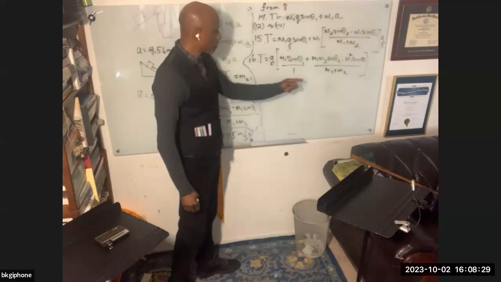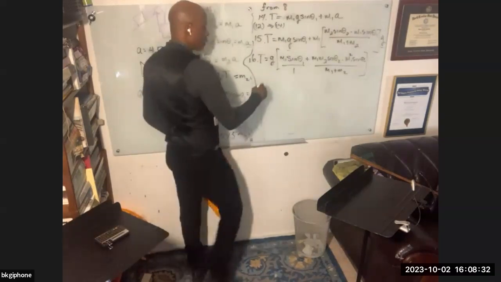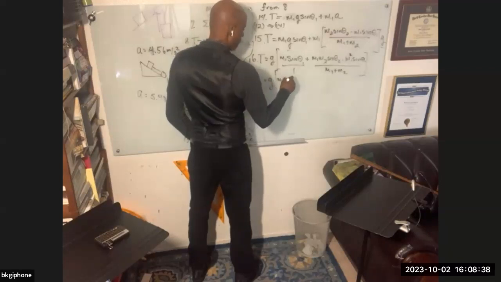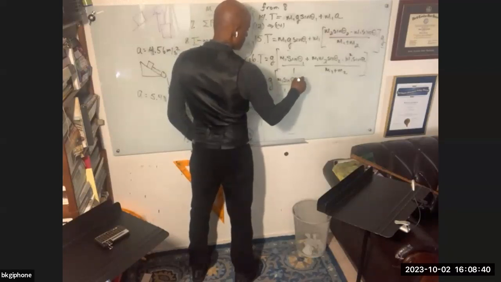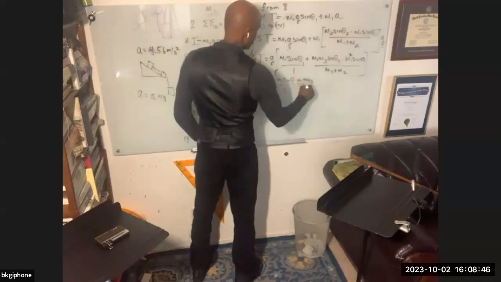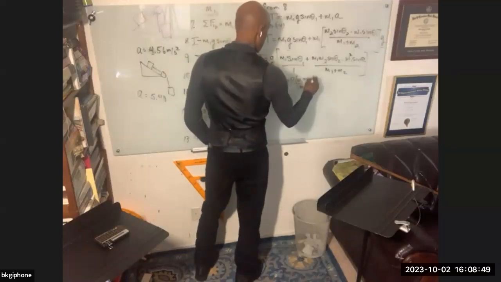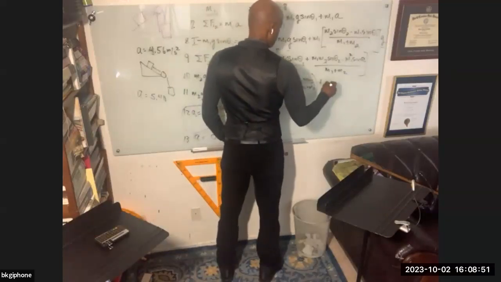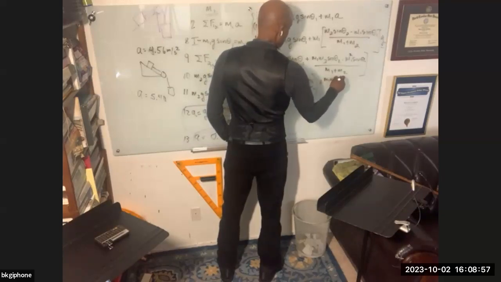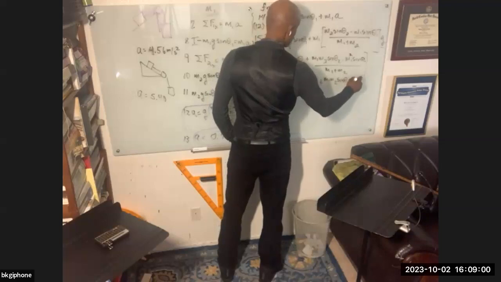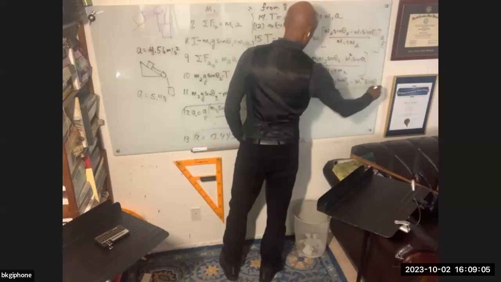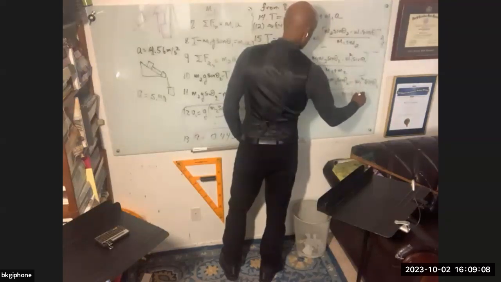Common denominator is going to be M1 plus M2. So here, this is G times M1, I'll write it out, and then times M1 plus M2 over M1 plus M2, right? That's 1, plus just this thing. So M1 M2 sine theta 2 minus M1 squared sine theta 1 over M1 plus M2.